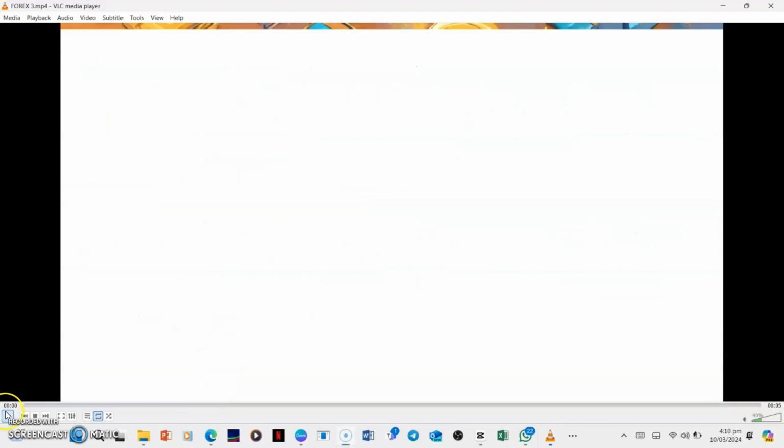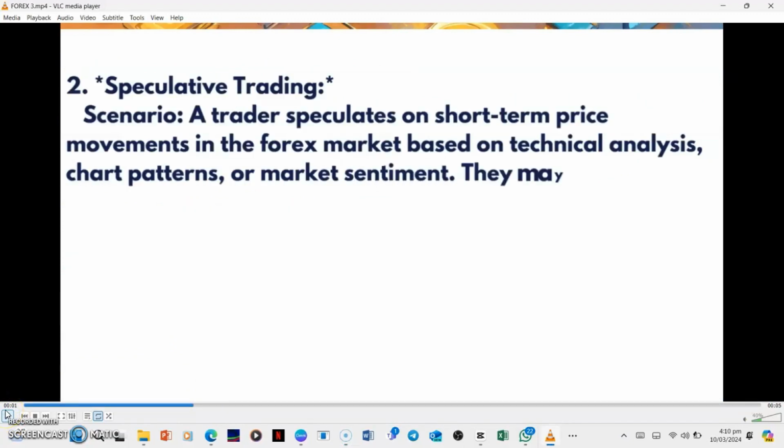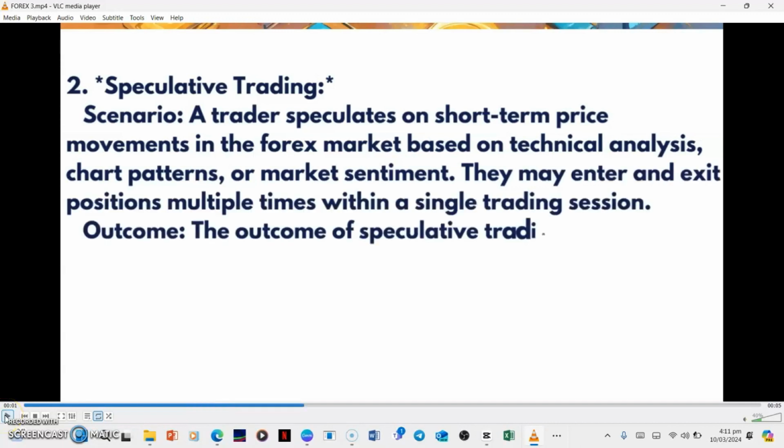Okay, beautiful. The other example is speculative trading. Under speculative trading, we may consider a scenario where a trader speculates on short-term price movements in the Forex market based on technical analysis, chart patterns, or market sentiment. They may enter and exit positions multiple times within a single trading session.